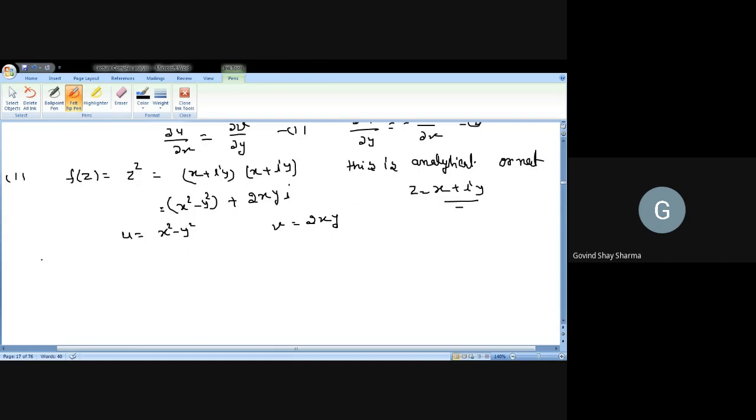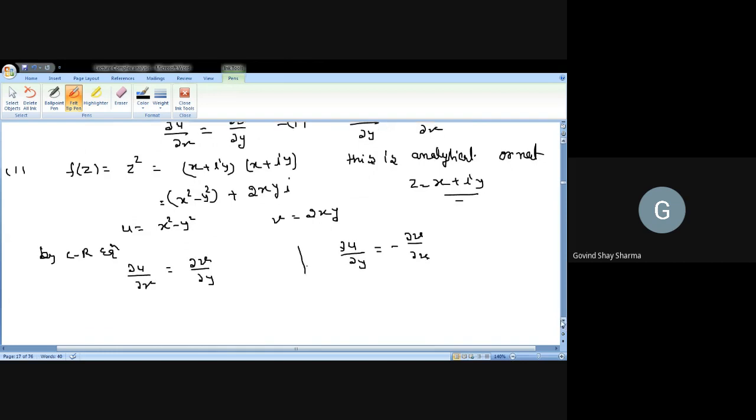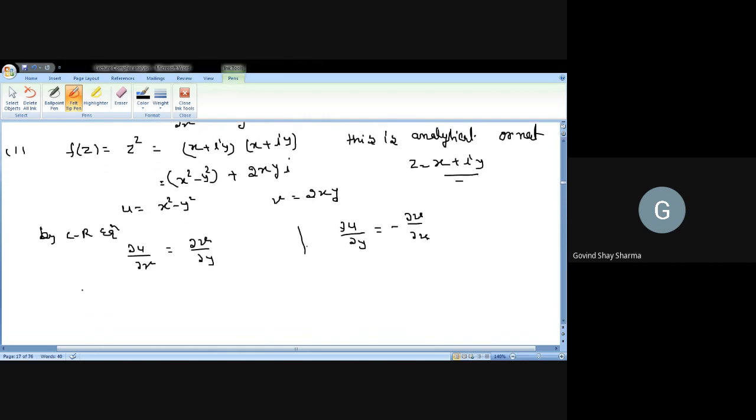Now by the Cauchy-Riemann equations, we have to check del u upon del x is equal to del v upon del y, and del u upon del y is equal to minus del v upon del x. Here del u upon del x we get 2x, and del v upon del y we get 2x.